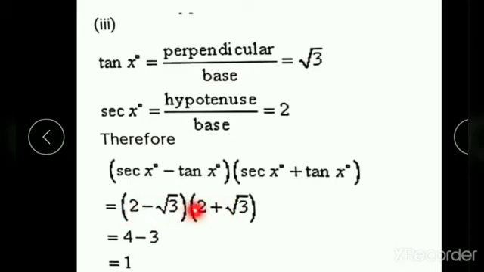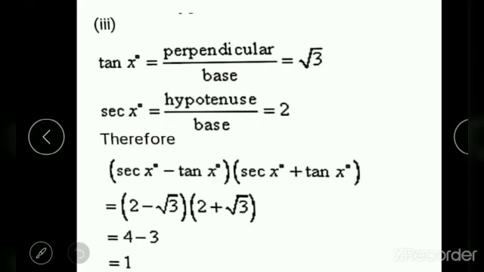This plus 2 into root 3 and minus 2 into root 3 will get cancelled. So you get 4 minus root 3 into root 3. So this you can write as root 3 square, and the square and root will get cancelled. So you get 4 minus 3, that is equal to 1. Okay.